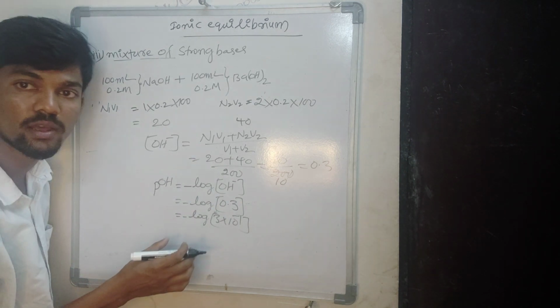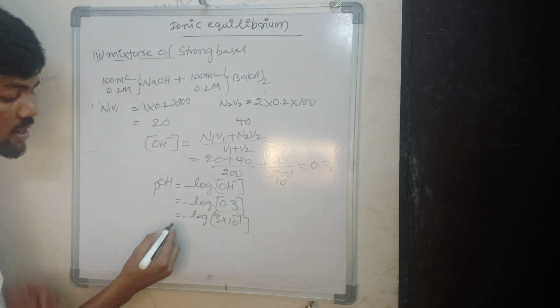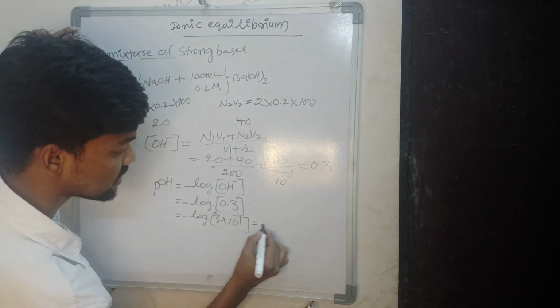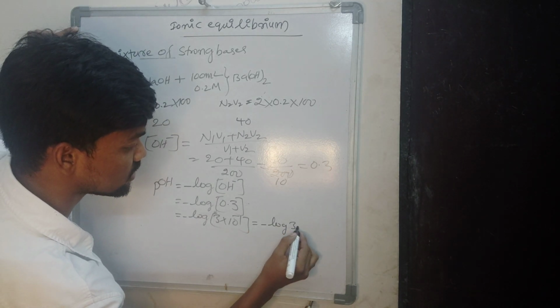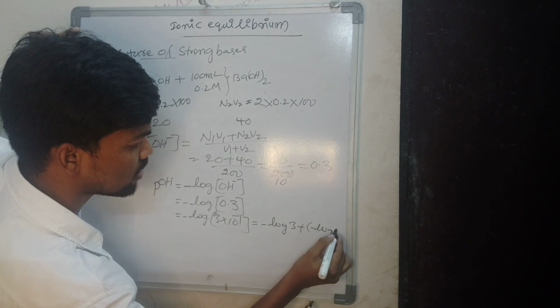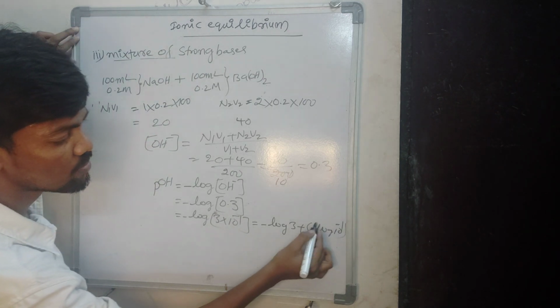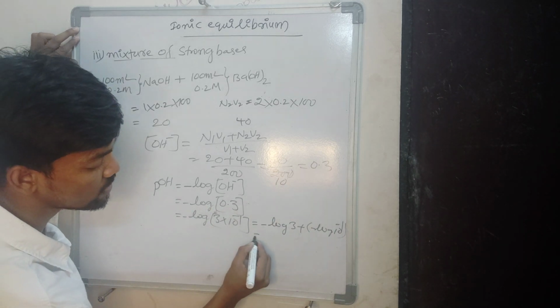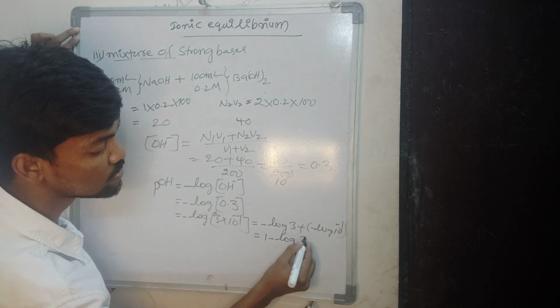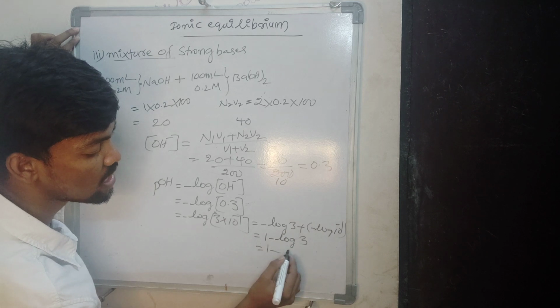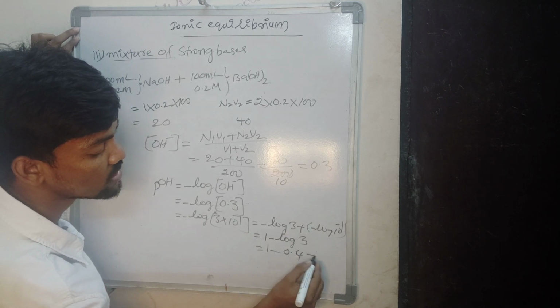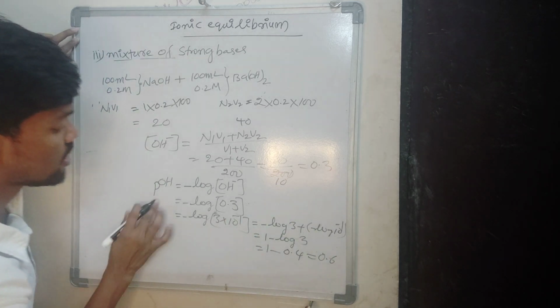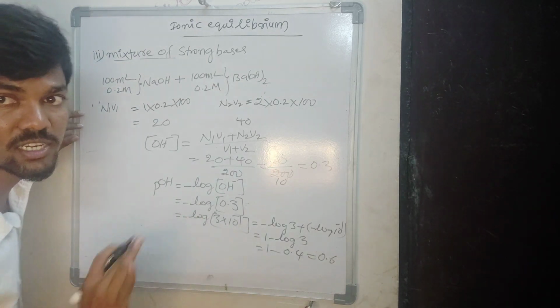It is in the form of log A into B. Minus log 3 plus minus log 10 to the power minus 1. The minus 1 will come forward, and minus into minus gives plus 1. So what happens? 1 minus log 3 will be there. 1 minus log 3 value how much? 0.4. What is the answer? 0.6 is the pOH value. pOH, not pH.